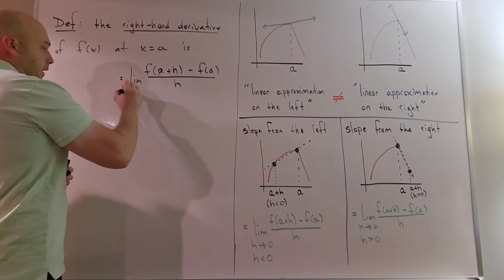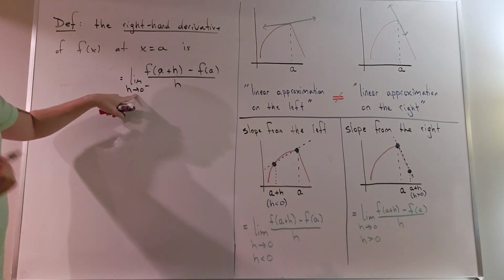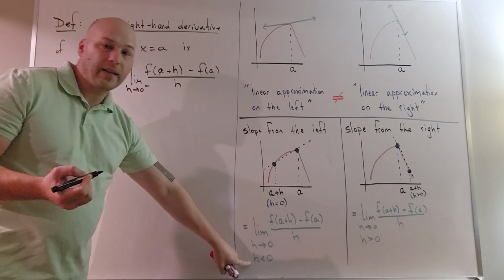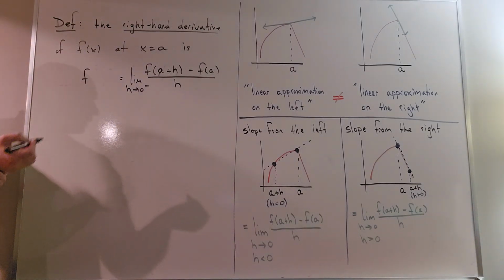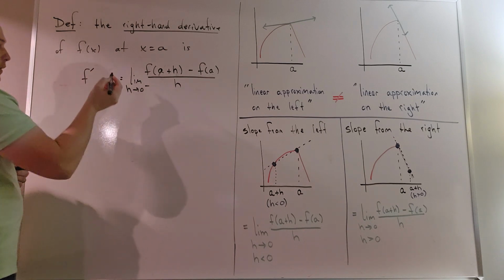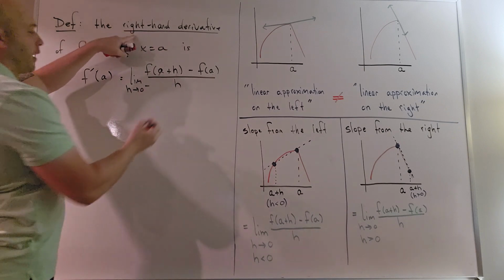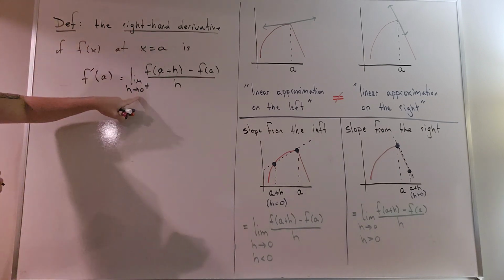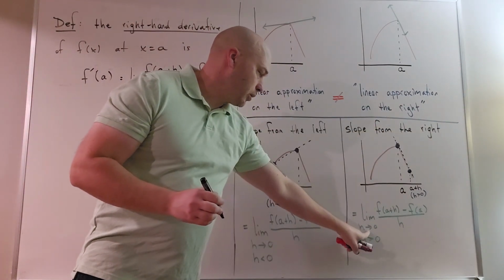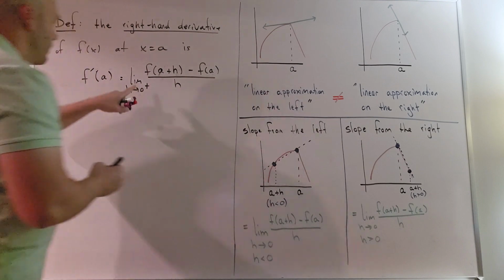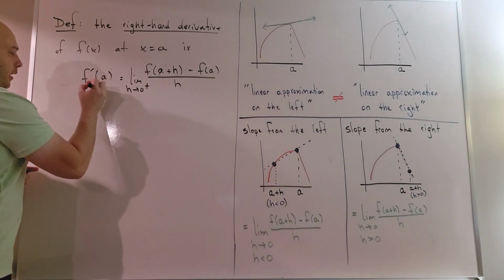And when I take the limit, I take it as h goes to 0 from the right. So h goes to 0 from the right simply means h goes to 0 and h is greater than 0. And the notation for this is related to the function f. It's a type of a derivative. It's related to the point a. But since it's coming from the right, I put a plus sign here.